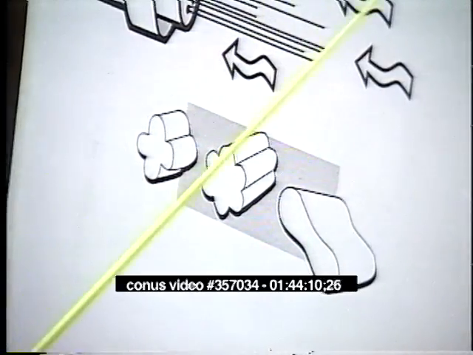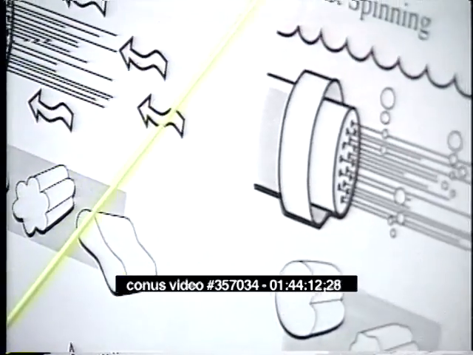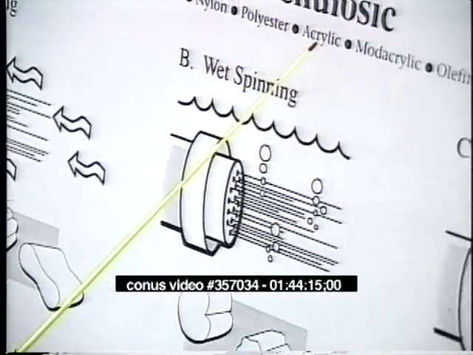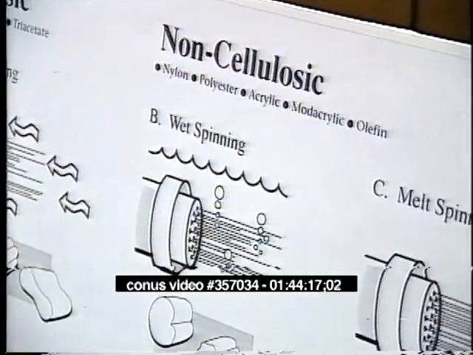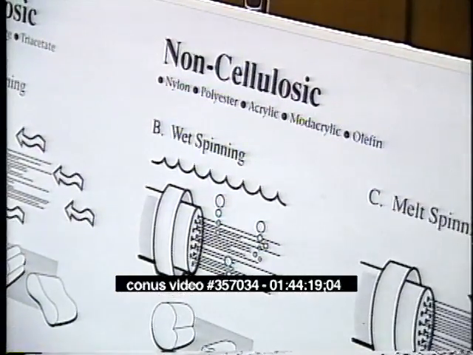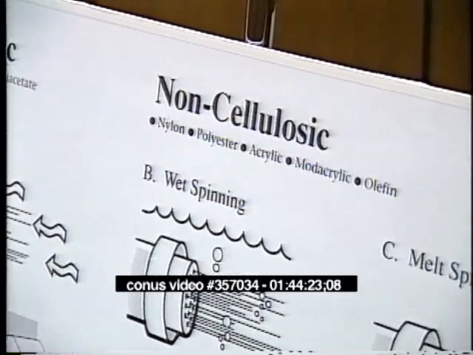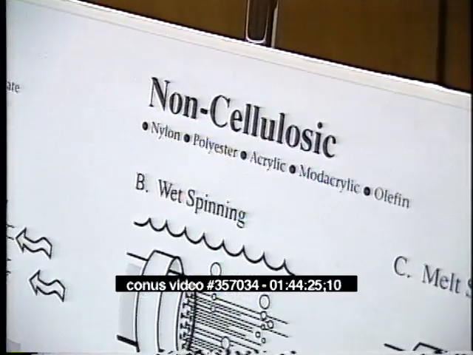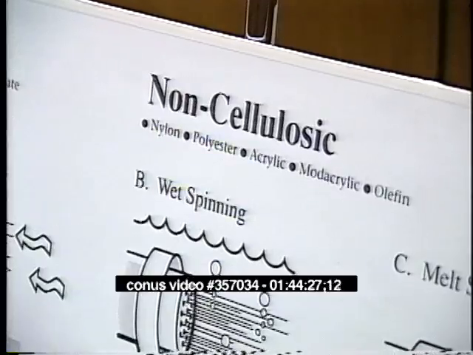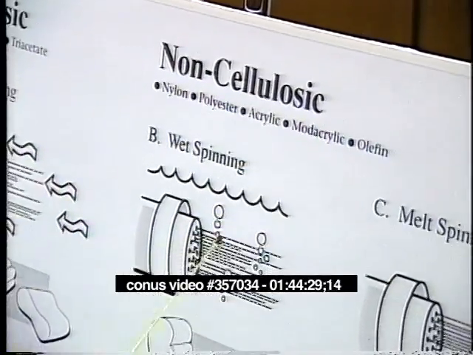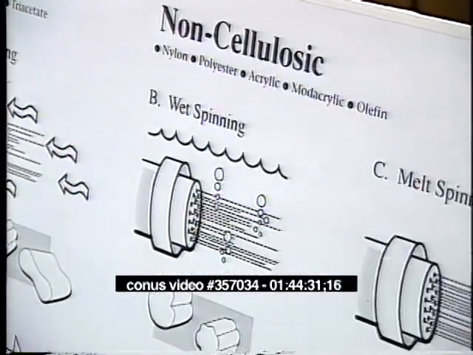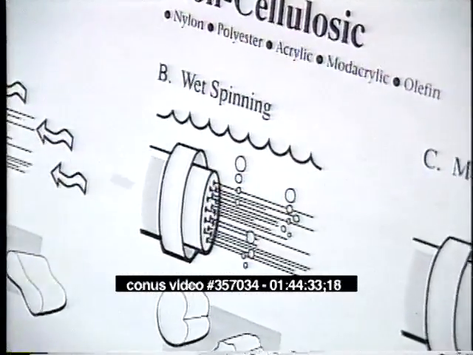With non-cellulosics, we see nylon, polyester, acrylic, modacrylic, olefin. Olefin would be like polypropylene, polyethylene. It may be either melt spun or wet spun. It may be extruded or pushed out of this spinneret into a liquid vat, or it may be again into air.